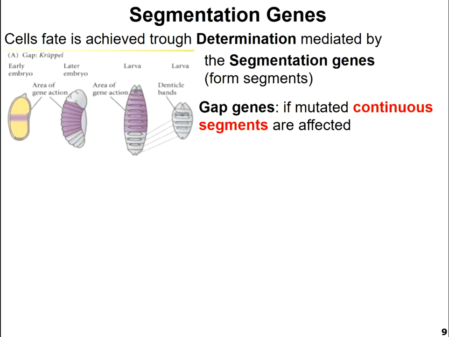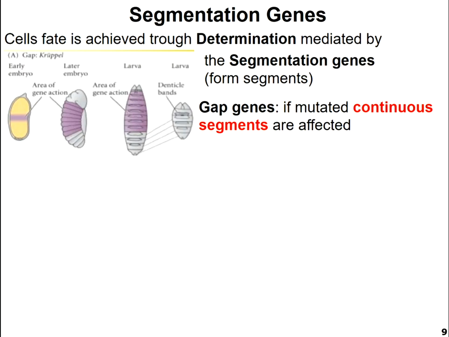The gap genes, here you have an example of the pattern of expression of one of the gap genes, which is called Kruppel, and you find it expressed in a middle region in the early embryo and in several segments in a later embryo, which correspond to several segments of the larva. These gap genes are called so because if you mutate them, the larva loses a lot of continuous segments.